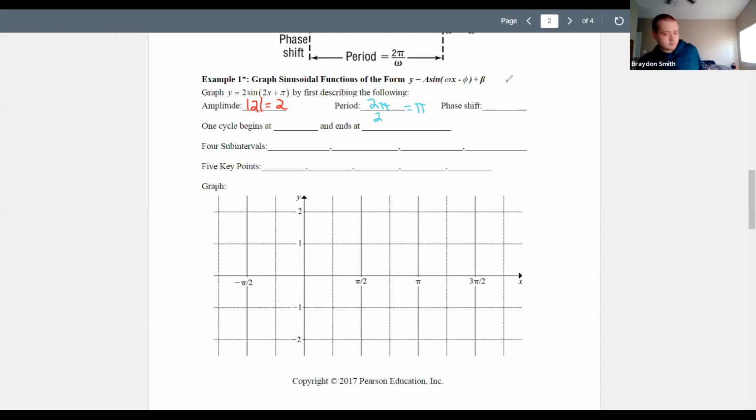Okay. And someone else walk me through our phase shift. Is it 0? It's not quite 0. So look at the difference between what we're given as our form and what we're given as the function they want us to talk about.